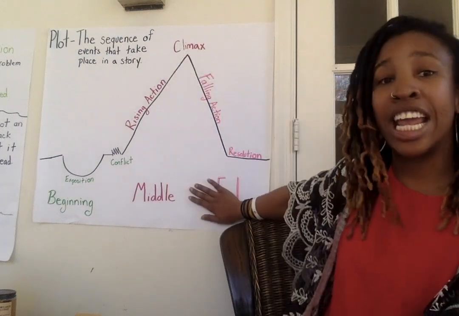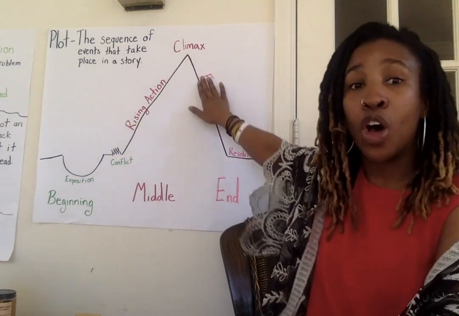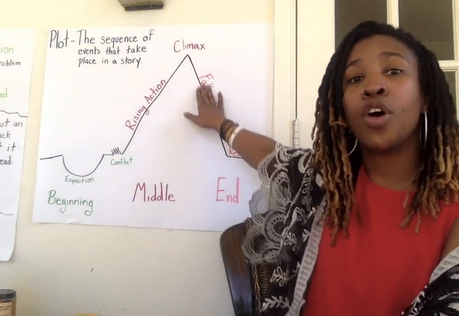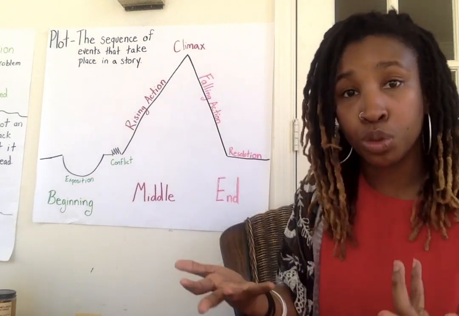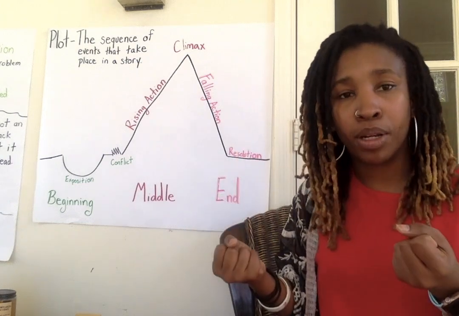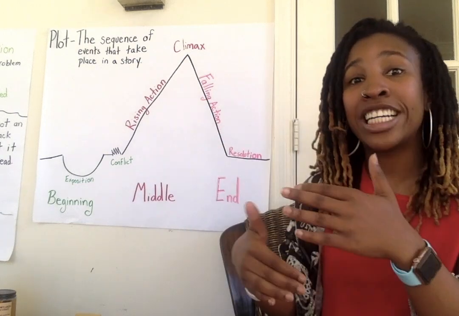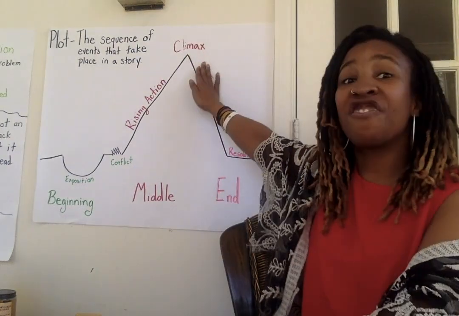And then we get to the end part of our story plot mountain. In our end, we find our falling action. Our falling action is when our character actually starts to reach their solution, if there is a solution. They start to fix the big problem. The steps start falling in place because the author is wrapping up the story. So the character starts to fix the problem.